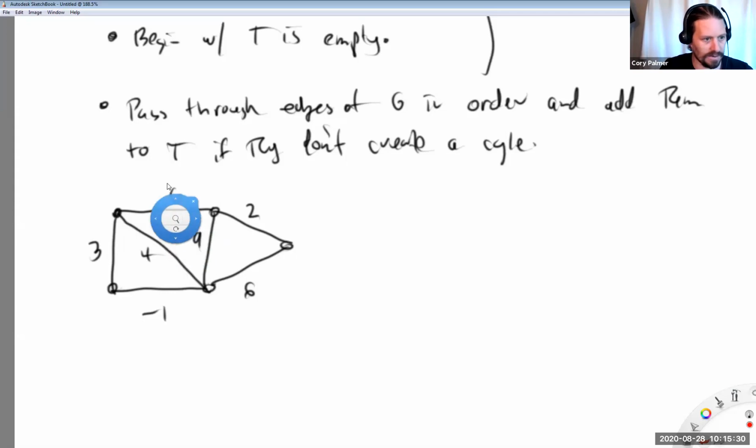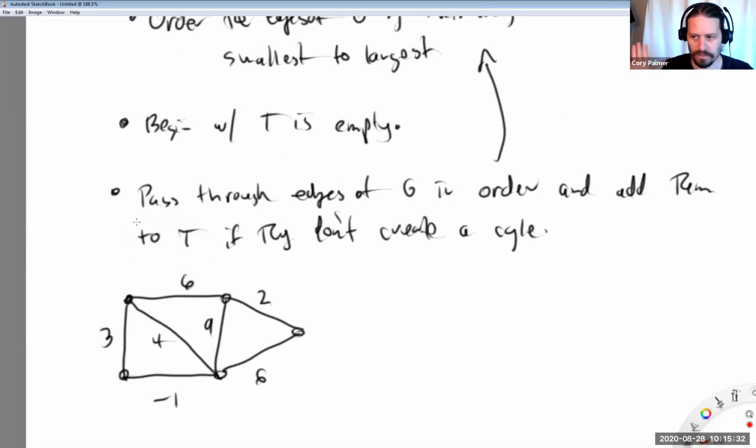The algorithm says we start with T empty, so I don't have a graph yet. Then I'm going to go through the edges one by one, starting with the lowest and going to the next lowest, adding it to T if it doesn't create a cycle in T. So the first step is, -1's clearly the first edge. Adding it to my pending tree cannot possibly create a cycle, so we add it there.